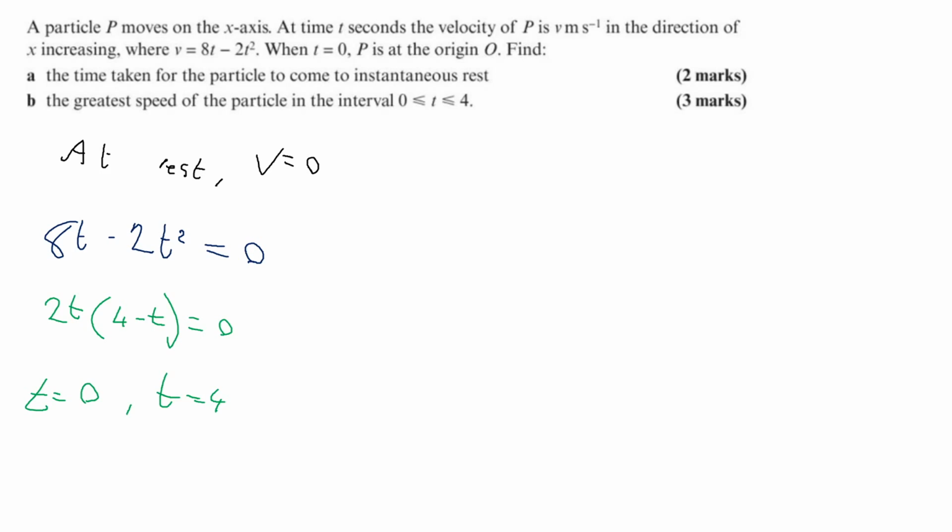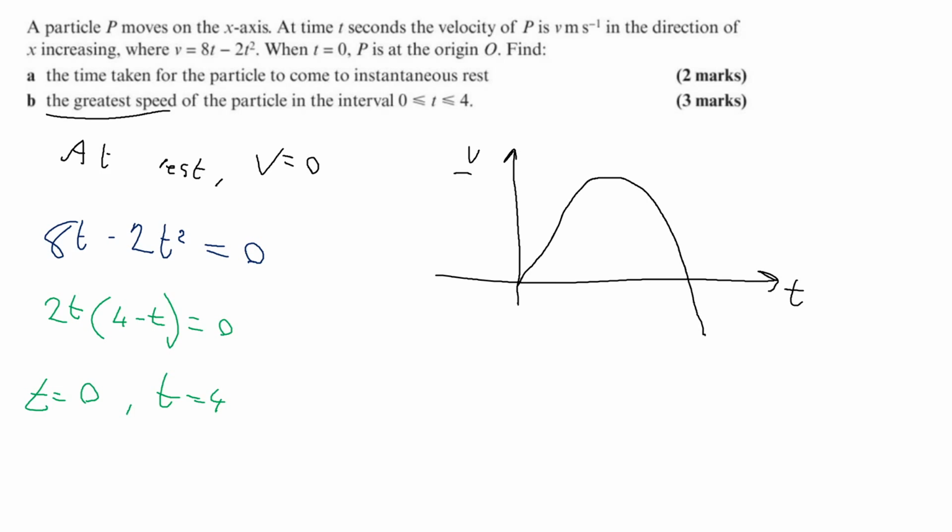Now, find the greatest speed of the particle during this interval. What we can do here is sketch the graph. As a quadratic, if this is v and this is t, it would look something like this, wouldn't it? This is 0 and this is 4. So all we need to do to find the max speed is look down the line of symmetry.